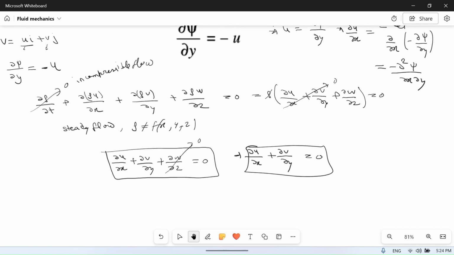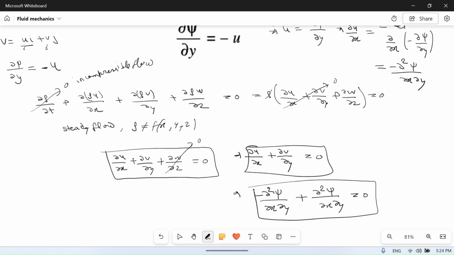If we put these values in the continuity equation, then del u upon del x is minus del square psi upon del x del y plus del v upon del y is del square psi upon del x del y, which is equal to 0. So this is our continuity equation in the form of a stream function.